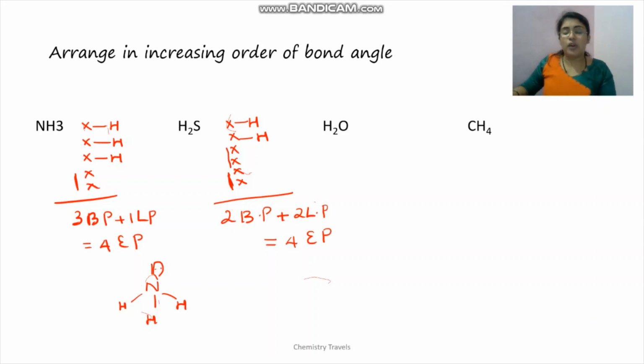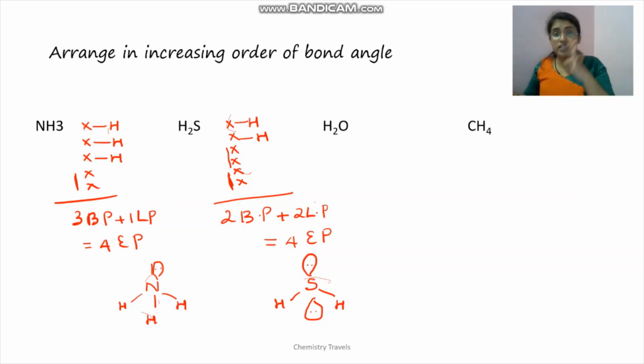Similar to ammonia, we have 4 electron pairs but 2 lone pairs. To minimize repulsion, the lone pairs stay as far away as possible. So we have a tetrahedral geometry but a bent shape for H2S.